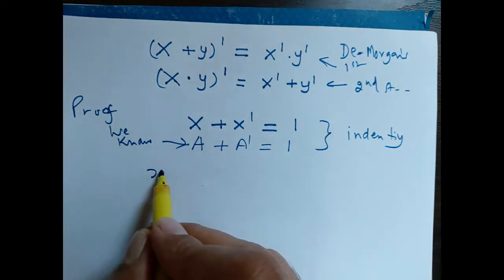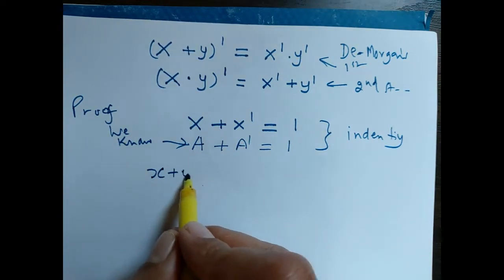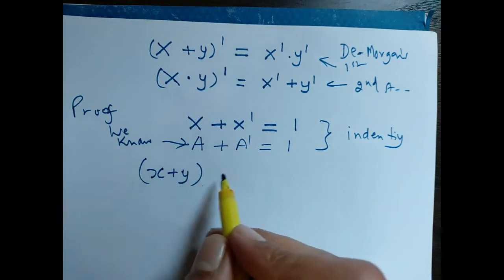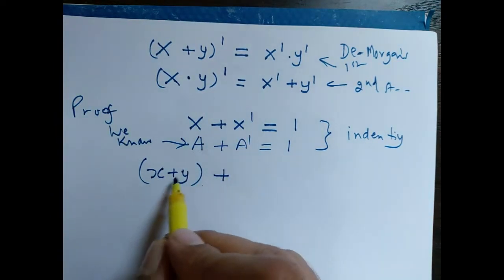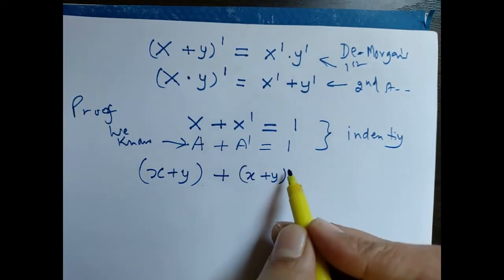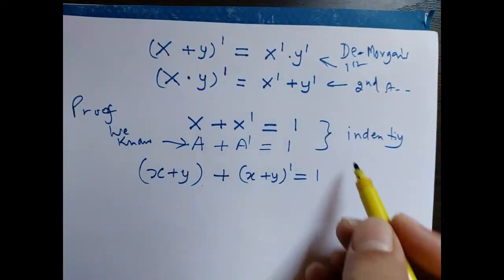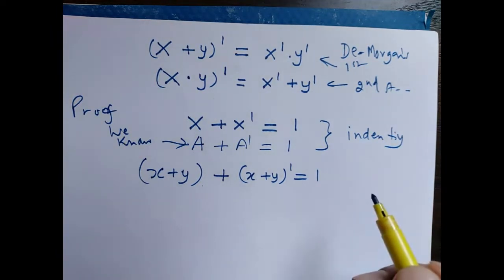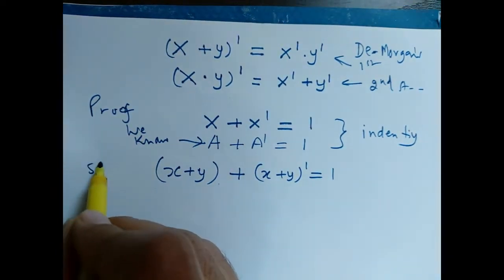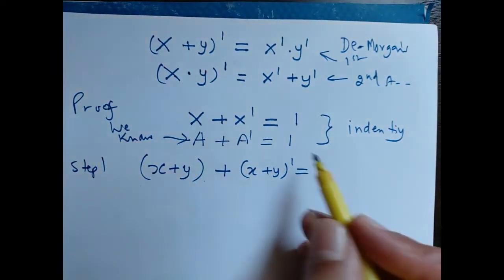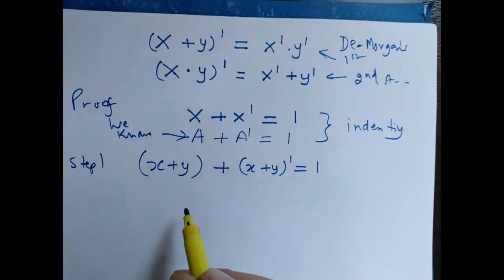Then we can say that x OR with y, which is say equal to this, then complementing this whole should give you a 1 according to this identity. This should be true. This is the first step. So this is step 1 in our proof using this identity.